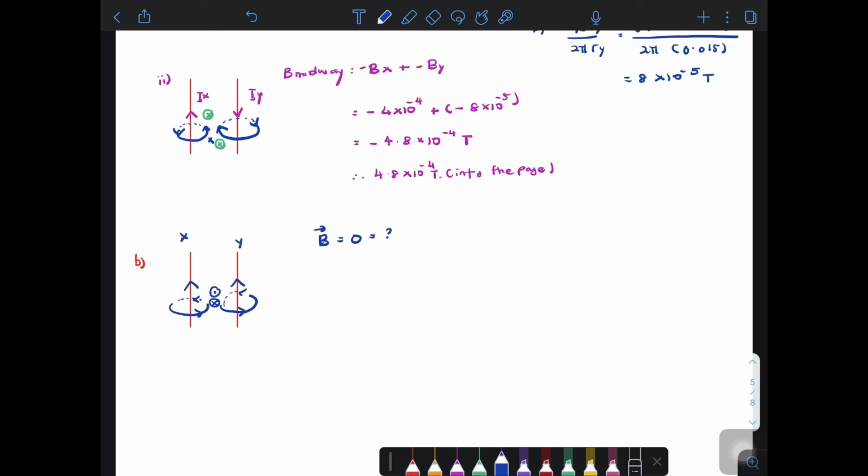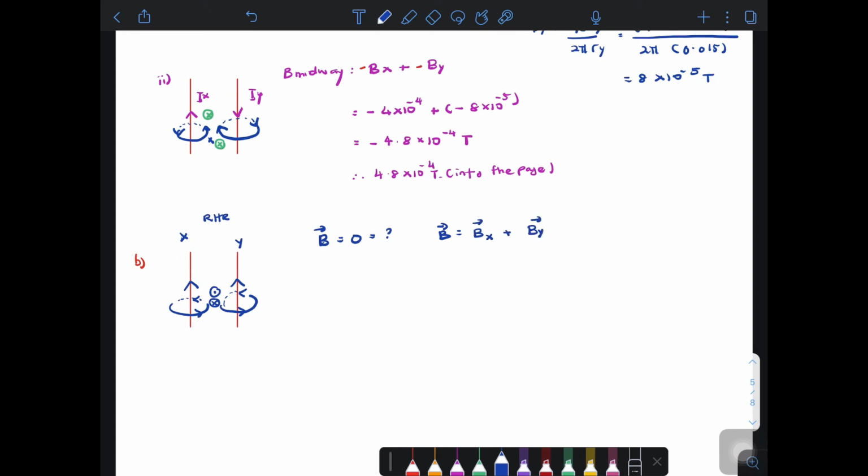Okay, by using right hand rule. Okay, so sekarang kita tahu daripada X berapakah jaraknya supaya B equals to 0. Okay, so kita tahu untuk dapatkan B equals to 0, dia still akan experience B daripada X dan B daripada Y.